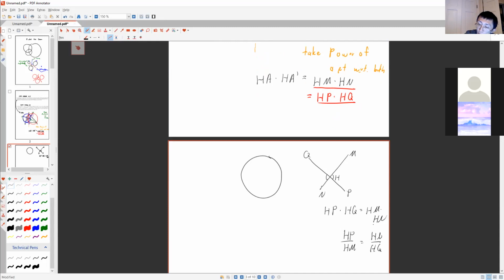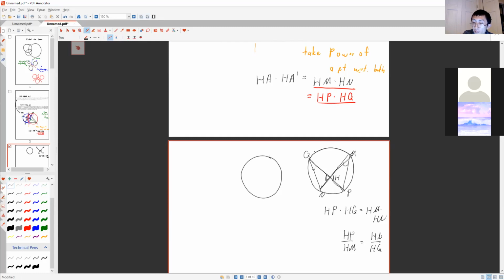So HP over HM is the same as HN over HQ. Because these are vertical angles, by side angle side similarity, these two triangles are similar. So that means these two angles are the same, which means that these 4 points have to be concyclic by the converse of the inscribed angle theorem.